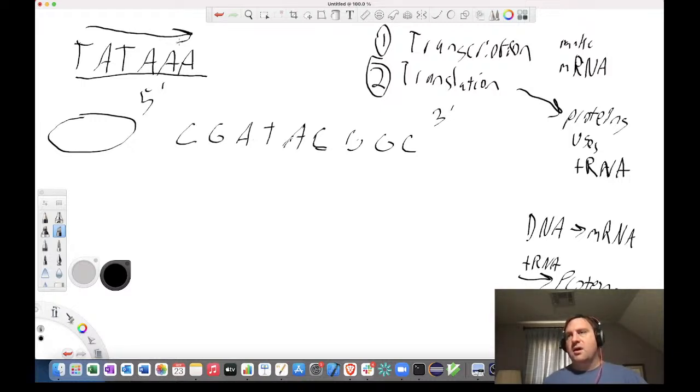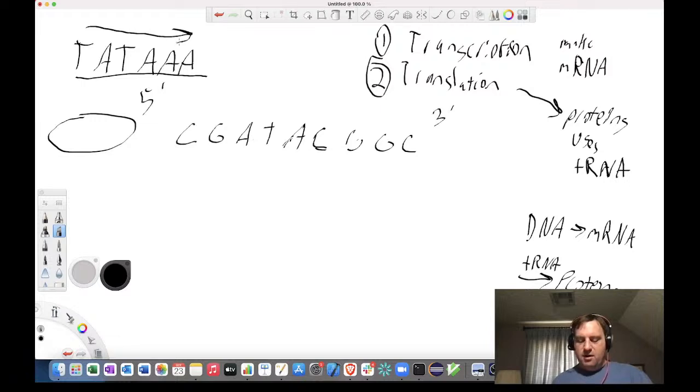Then you have a leader region that has stuff that gets transcribed to mRNA but doesn't necessarily get translated to proteins. And then you have a start codon, and we'll talk about that in a minute. Then it starts copying, and then you have the actual DNA that's going to get generated into proteins.